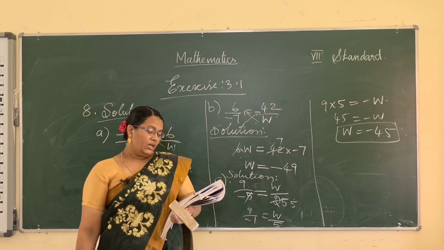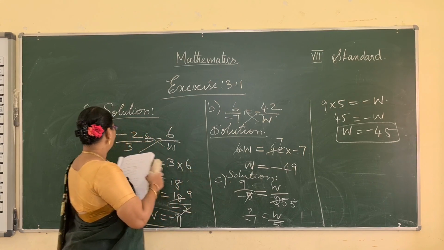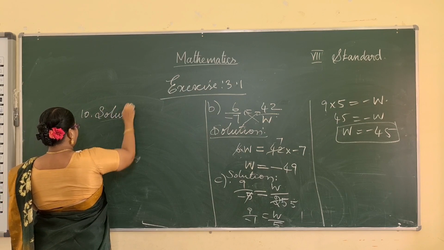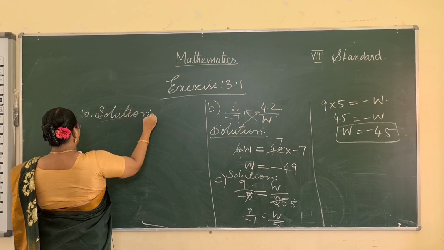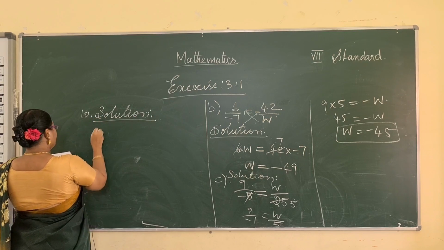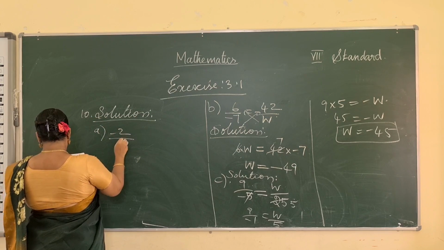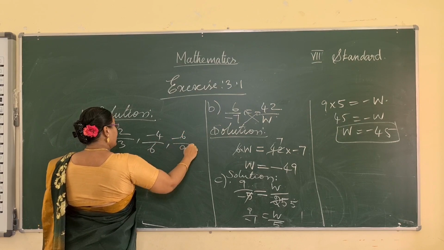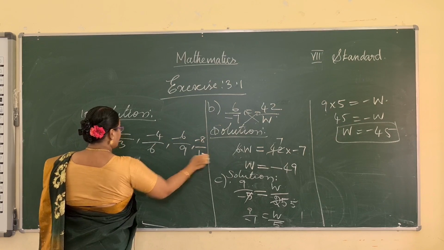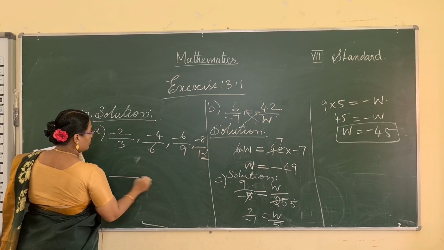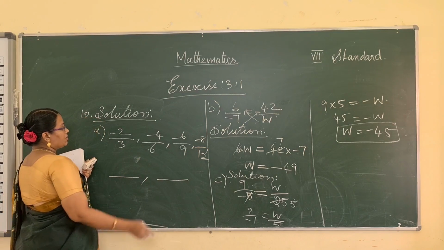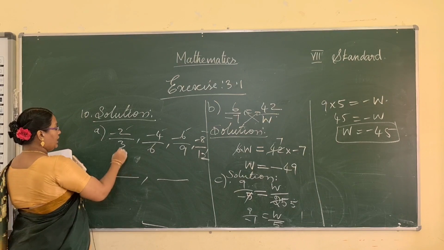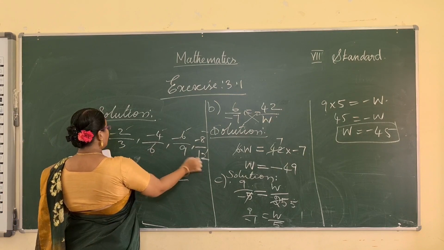See the first one, A. Minus 2 by 3, minus 4 by 6, minus 6 by 9, minus 8 by 12 is given. So the next two numbers. 2, 4, 6, 8 are the even numbers. Here 3, 6, 9, 12.